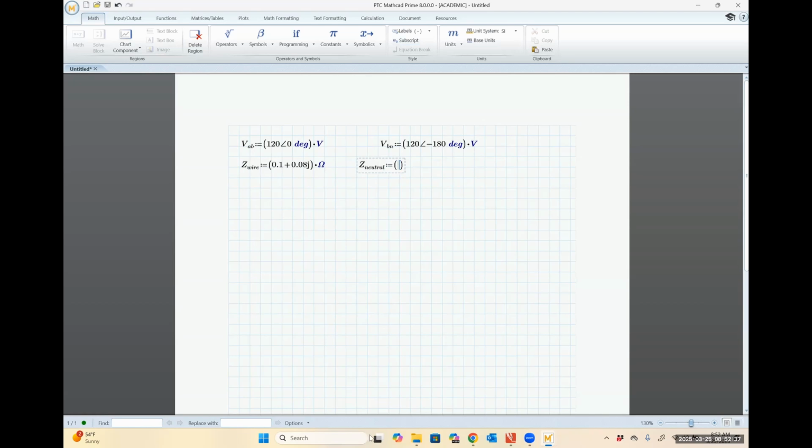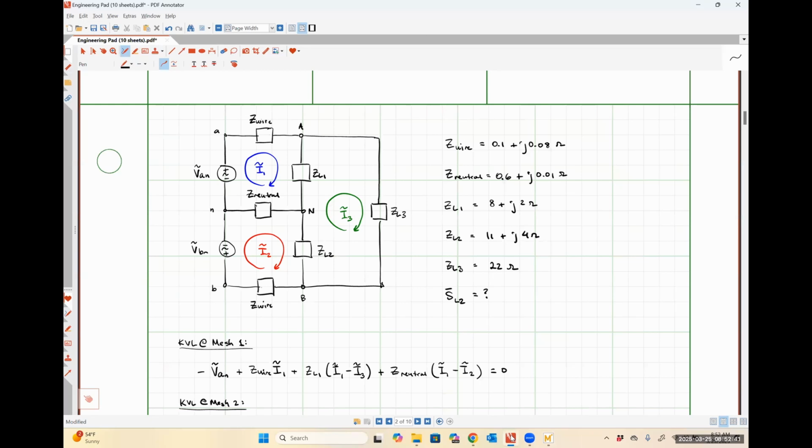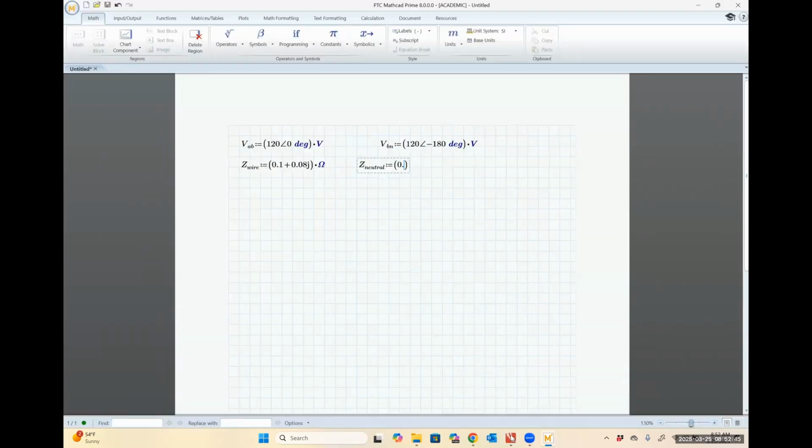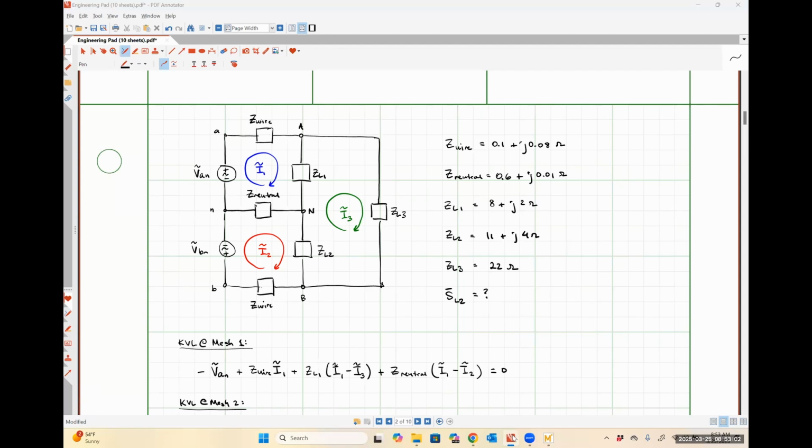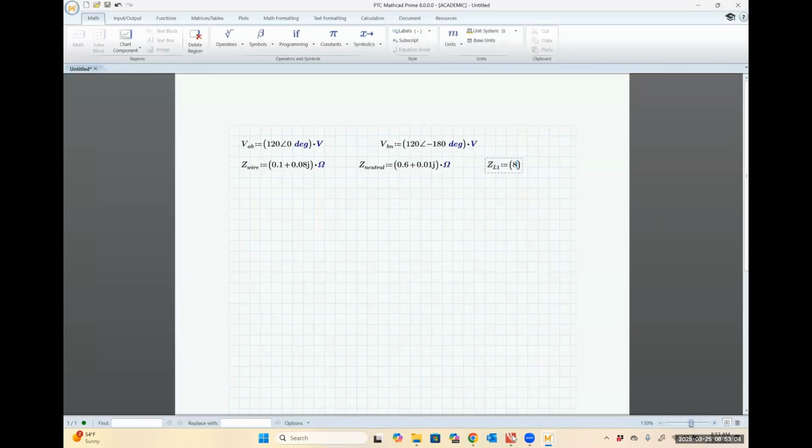Okay. And then I'm going to go ahead and do that for my neutral. So let me remind myself of what that number was. 0.6 plus J 0.01. Multiply by omega. And then the ZL1 was 8 plus J2.